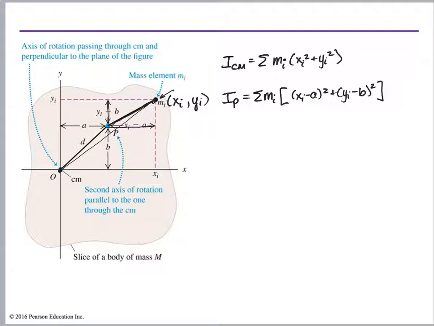And just to keep in mind, the coordinate of point P is (a, b), and that's where those values come from. So this is just really using the definition of the moment of inertia, that it's the mass times r squared. Alright, so we're going to expand this because this has some quadratics in it.